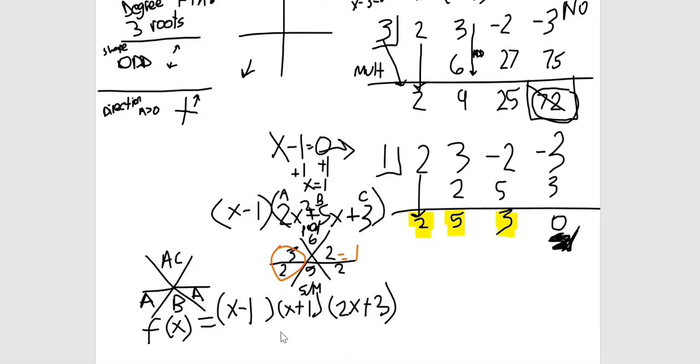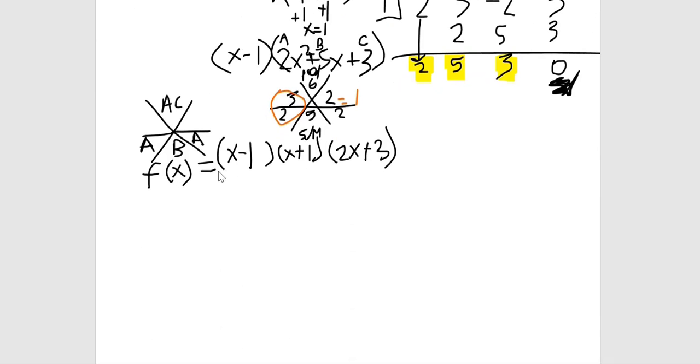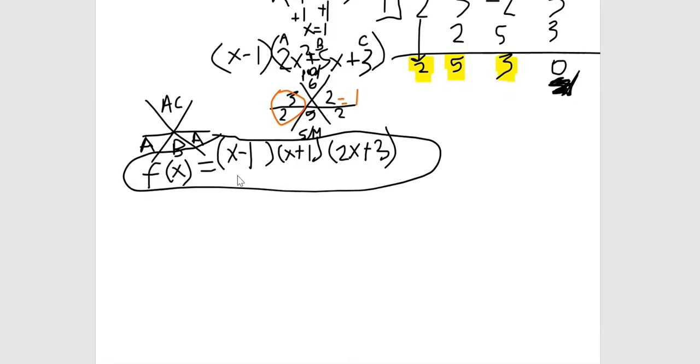Once you have it in factored form, set each factor equal to 0 and solve for x to find your x-intercepts. What is x when y is 0?